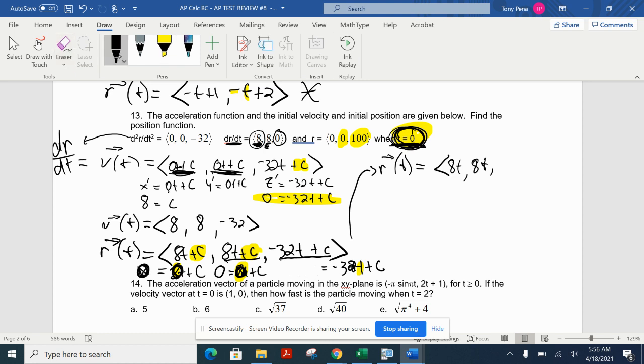So let our z position be 100. At the time of 0, this is all 0, you'll see that your c in this one right here should be a 100. So that gives us negative 32t plus a 100, and then that's our position vector at any time.